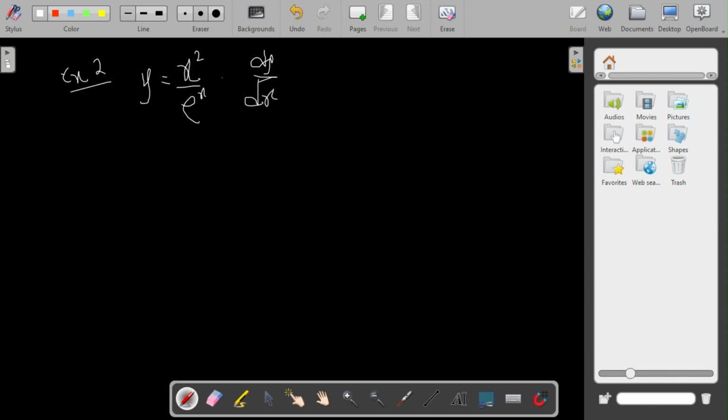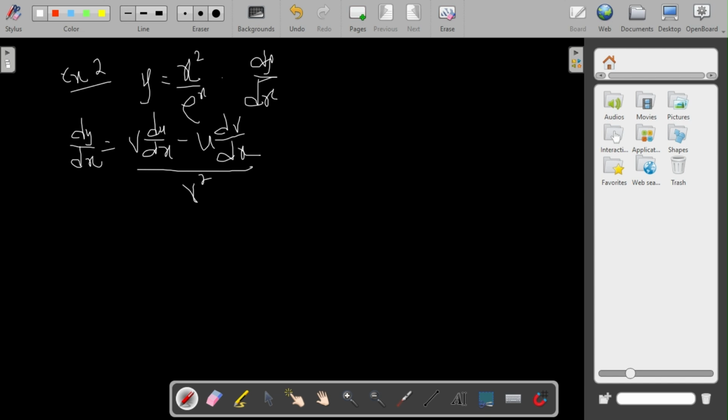The formula still remains dy/dx equals v du/dx minus u dv/dx over v squared.